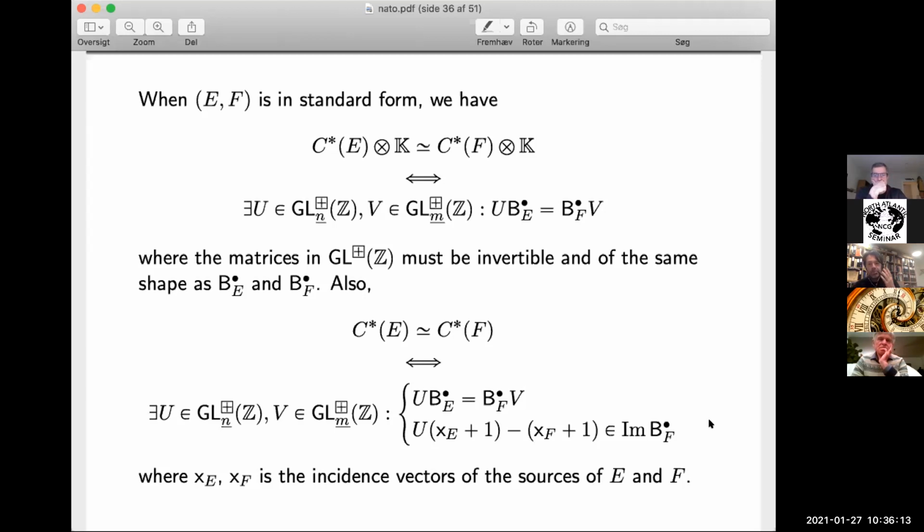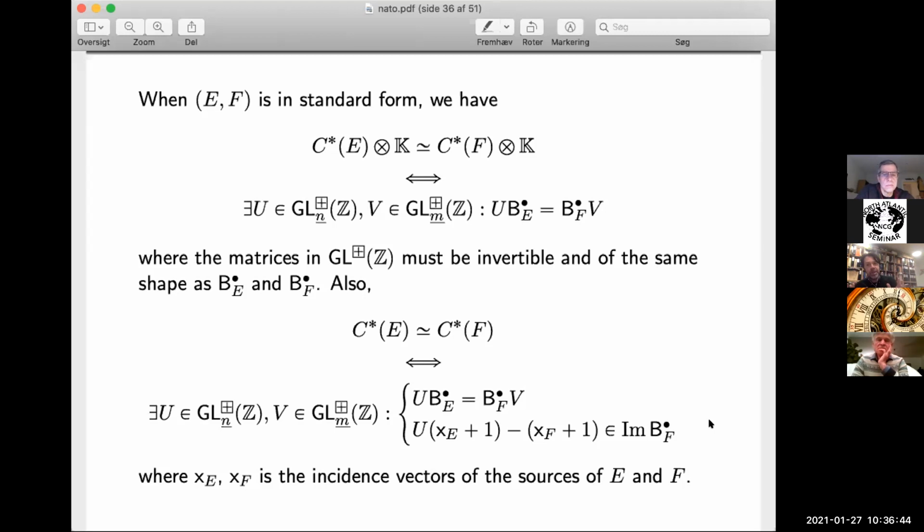Now, by the work of Boyle and Steinberg, which goes back to the work of Grünewald and Siegel, this is decidable, but I have to warn you that this is not nicely decidable, because you can see this problem that I'm stating, it's linear. I mean, if I have a concrete BE and BF, right? So now let's say I have two graphs. I'm wondering if the graph C-star algebras are isomorphic. I cleaned them up and put them in the same size, so they're sufficiently big.